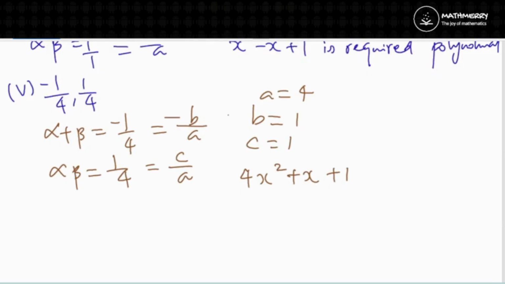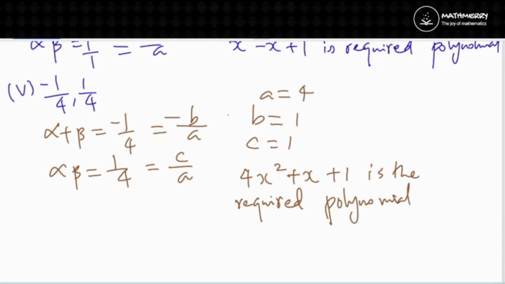So 4x square plus x plus 1 is our required polynomial.